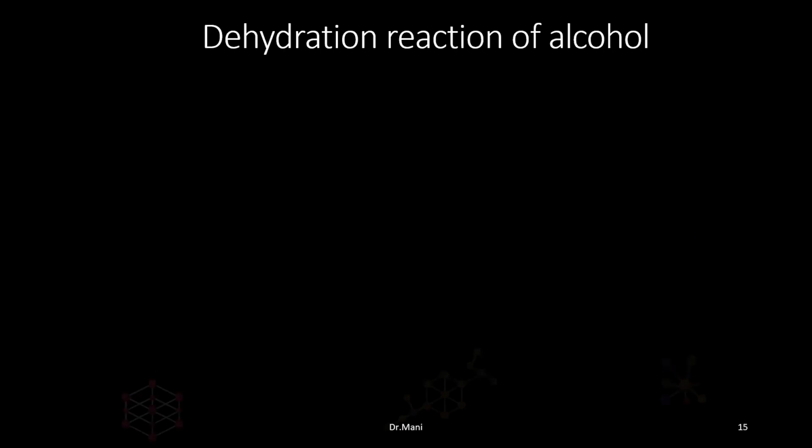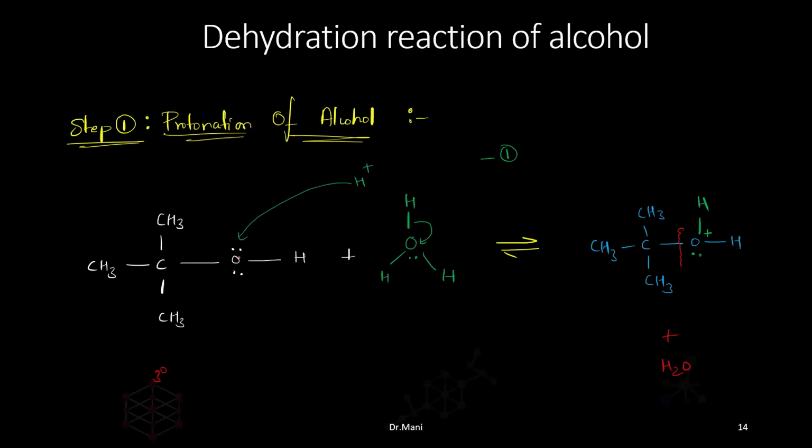So see here, what's happening here? So there is an alcohol. This alcohol contains the oxygen and hydrogen. This oxygen, your internet connection is unstable. So internet is not good, I guess. Yeah, actually there's an issue today, I think.